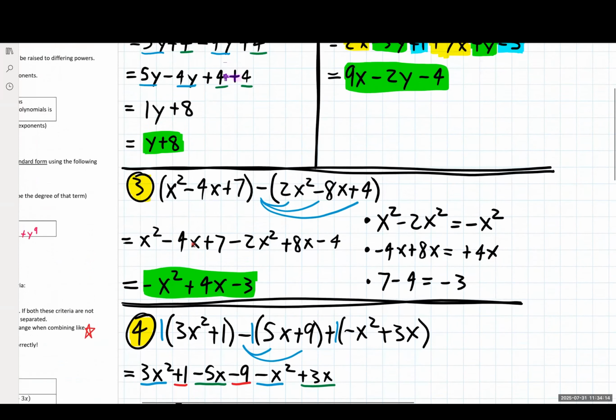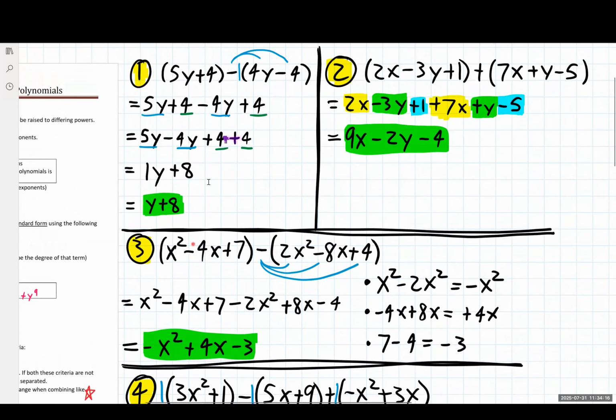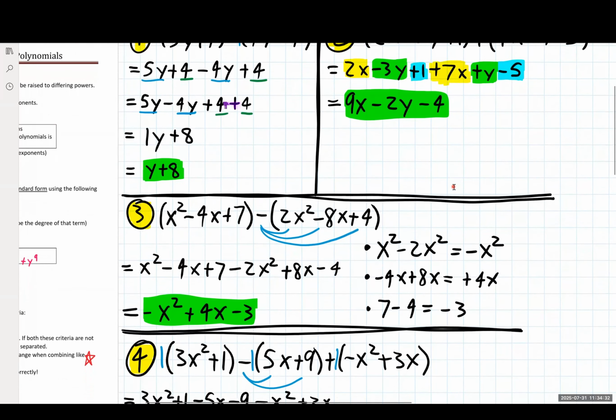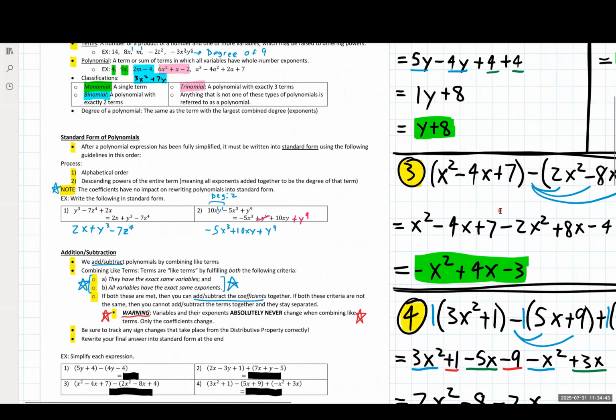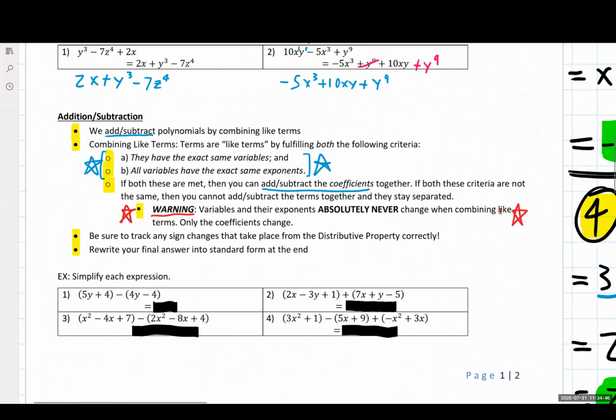Meaning, we can see problems where instead of having integers in front, maybe I have fractions, or decimals, or mixed numbers in front. With all of those scenarios, we still combine like terms the same way. We still look for the same variables and the same exponents attached to those variables as our rule with these things.